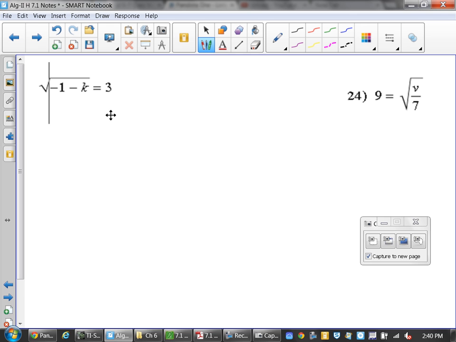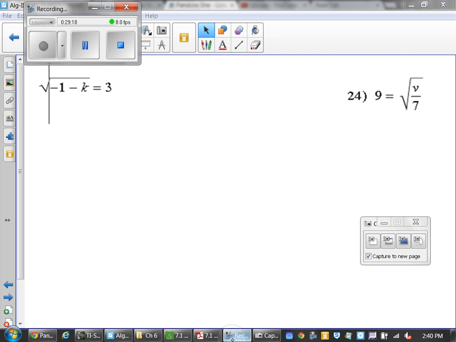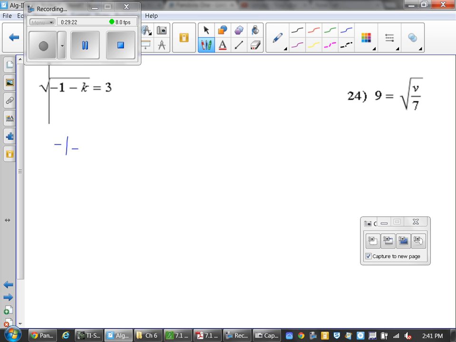So let's say the square root of negative 1 minus k equals 3. Square both sides. So you get negative 1 minus 9 equals k.